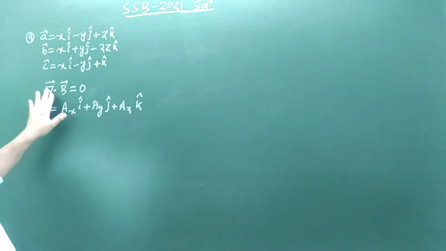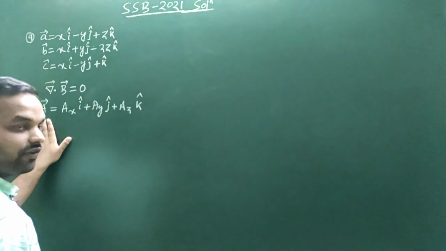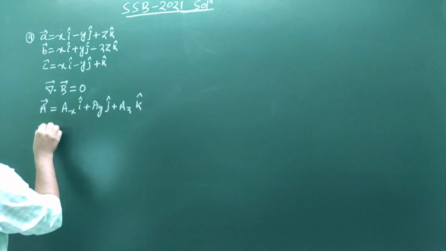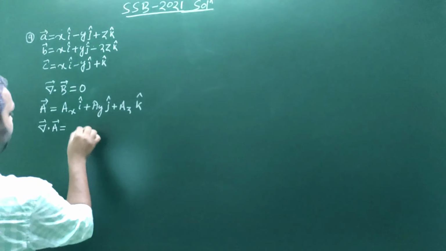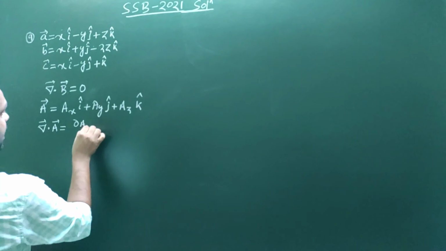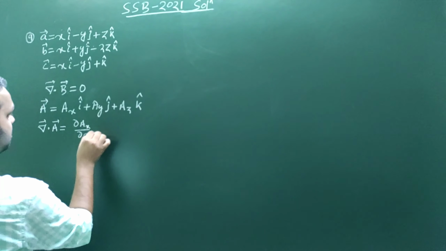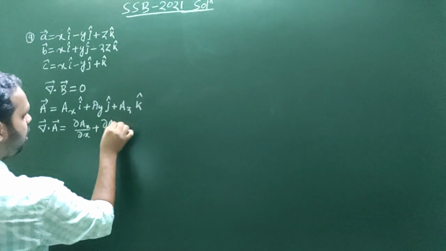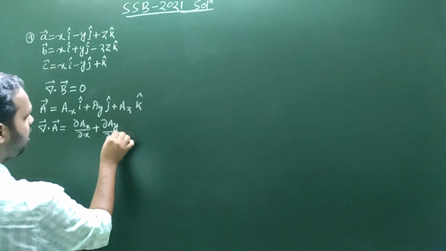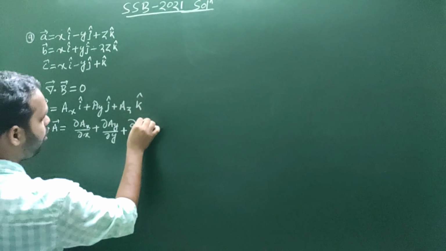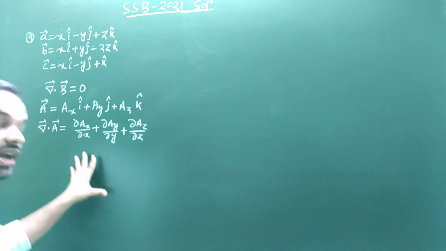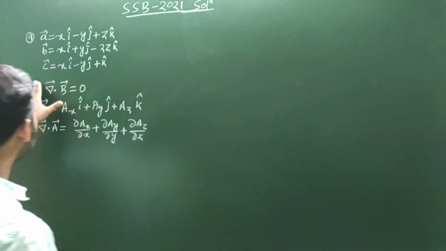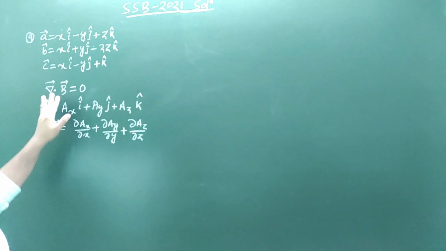If you want to find the divergence of this vector, then we will write divergence of A equal to dou ax by dou x plus dou ay by dou y plus dou az by dou z. This is the generalized formula of divergence of a vector.